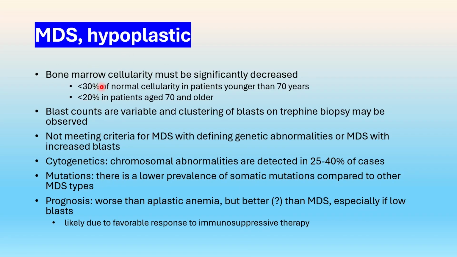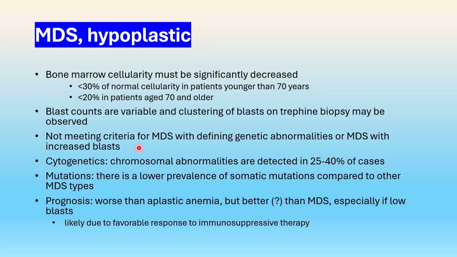These are just the definitions for the bone marrow cellularity that should be used. And blast counts are variable. It does not meet criteria for MDS with defining abnormalities or MDS with increased blasts. This, I think, is very problematic because in my experience, we pick up these cases because we see increased blasts, not the other way around.